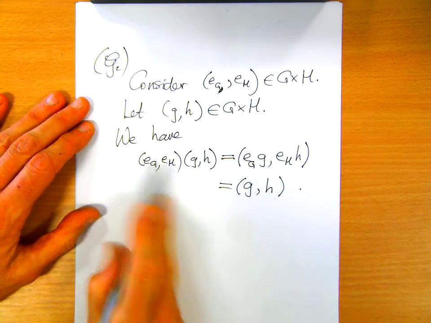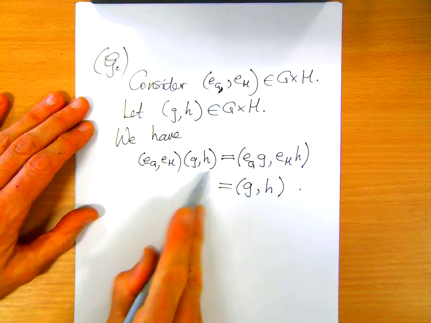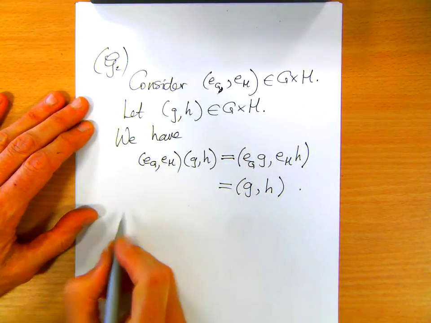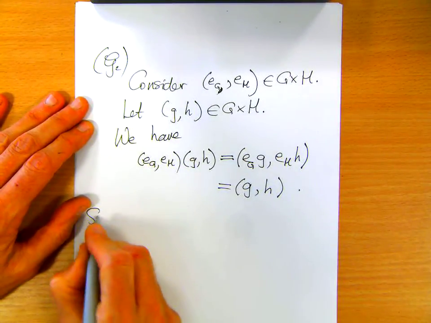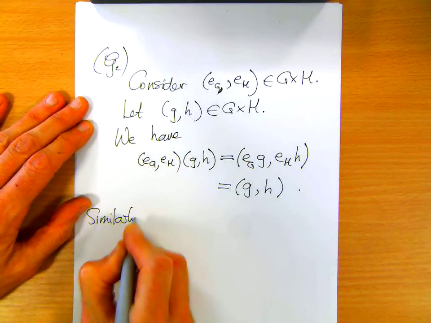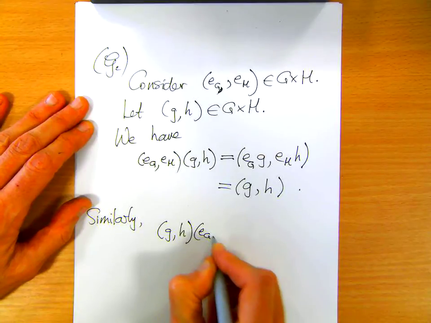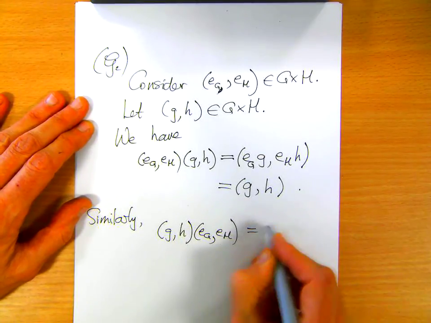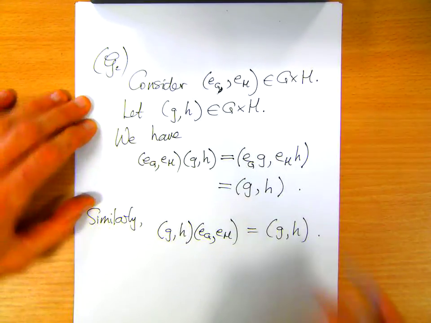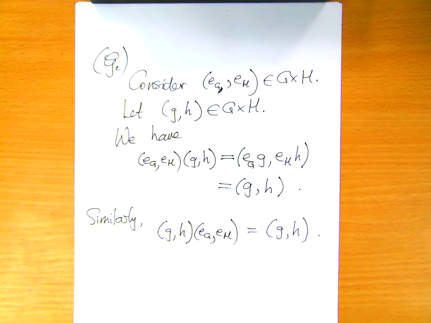Okay, so if I do this element on the left, it doesn't change the element on the right. And similarly, if we do it the other way around, we also get (g, h) back. You can see how that's going to work. So putting it on the left doesn't change the element, putting it on the right doesn't change the element. So this indeed is an identity element, and we know that's unique, so that is what we need.